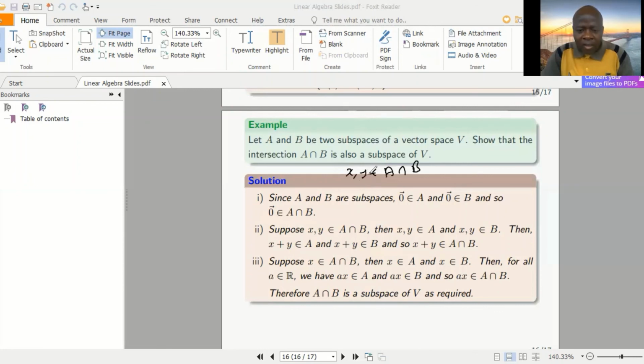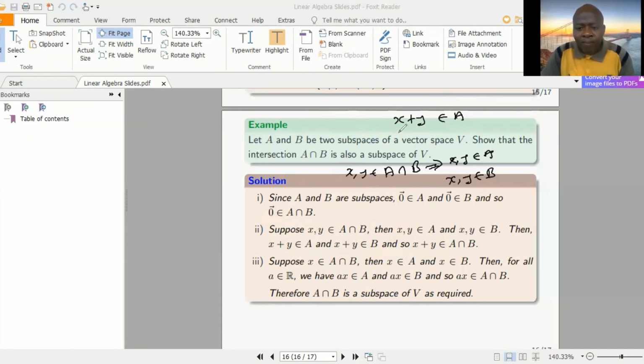So if x and y are in the intersection, what this means is that x and y are in each of these sets. x and y are in A, and also x and y are in B. That's what it means. And remember that A was a subspace. So if A is a subspace, then x plus y is in A, because A must contain the sum of any two vectors.